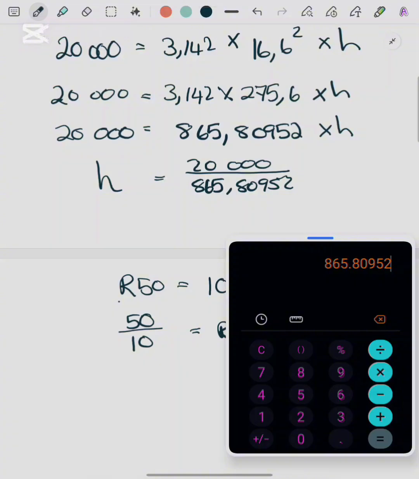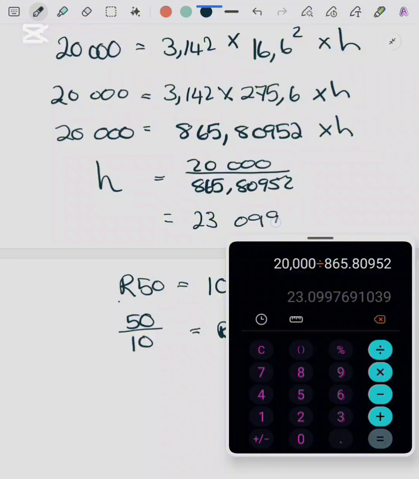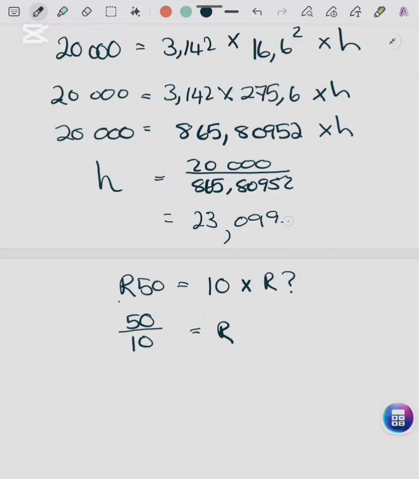Okay, so I'm going to go 20,000 divided by 865,80952. Okay, if you've got a scientific calculator, you could have also just said divided by the answer, and I get 23,099, and it kind of keeps going after that.